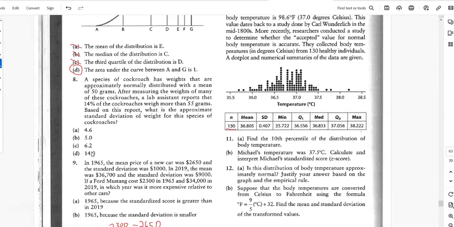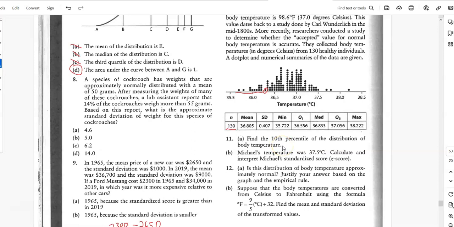So we count out 1, 2, 3, 4, 5, 6, 7, 8, 9, 10, 11, 12, 13. Right there, that's the one, because there are 13 values below that. Whatever that number is right there is the answer to the question. The 14th value seems to be 36.3-ish degrees.